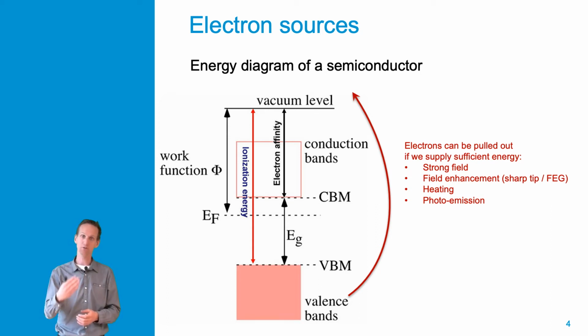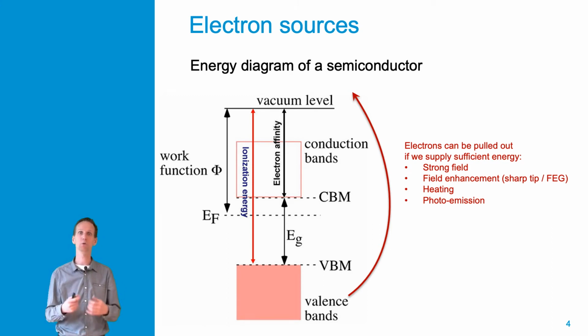We can also increase the temperature of the source, which is typically what we do by the high current feed. So we raise the temperature of the tip, maybe to temperatures of 2000 Kelvin, such that a larger fraction of electrons is populating the conduction band and the Fermi level is shifted up so that the work function effectively is lowered.